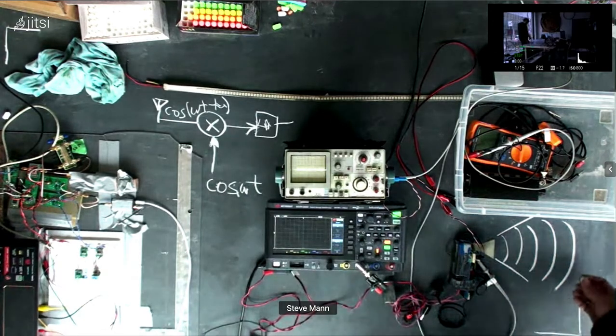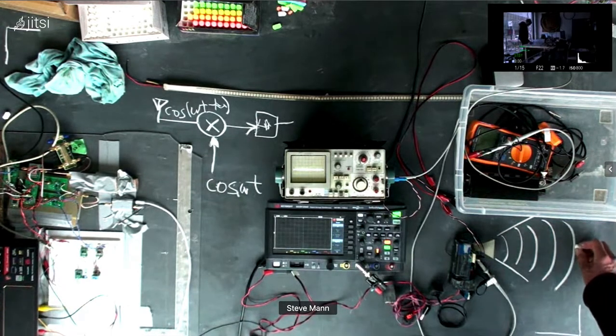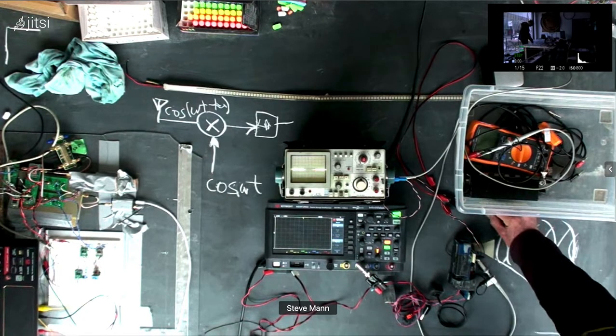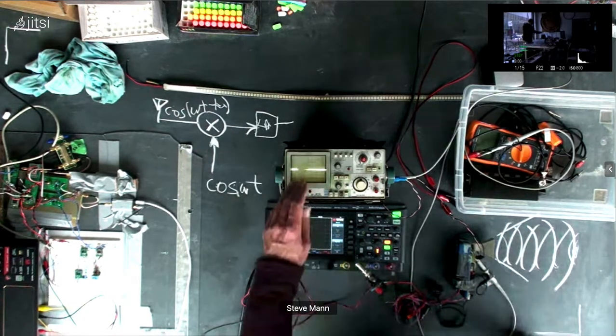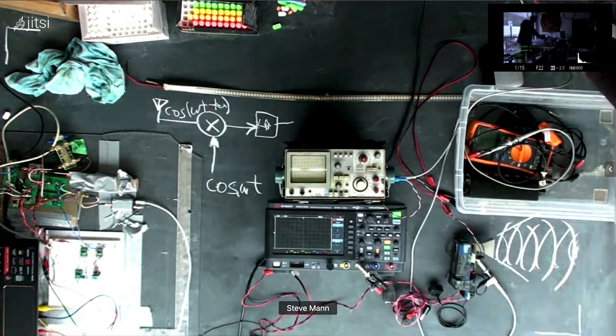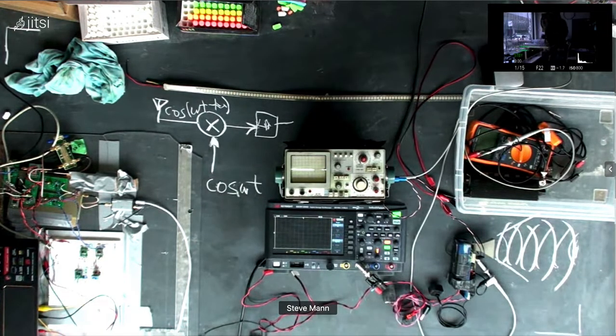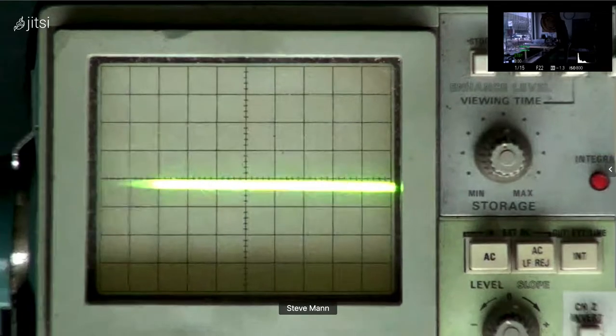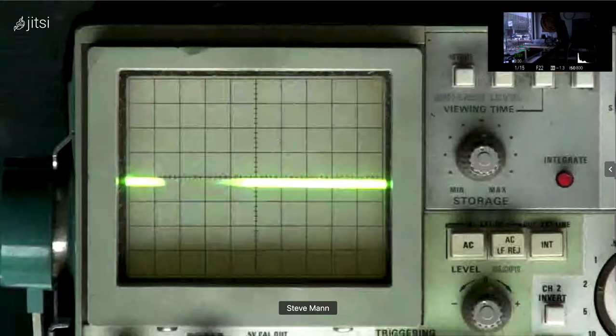So there's some subject matter here, let's say, and these radio waves bounce back off the subject matter into this antenna here. And I have this oscilloscope here showing the baseband Doppler shift signal.